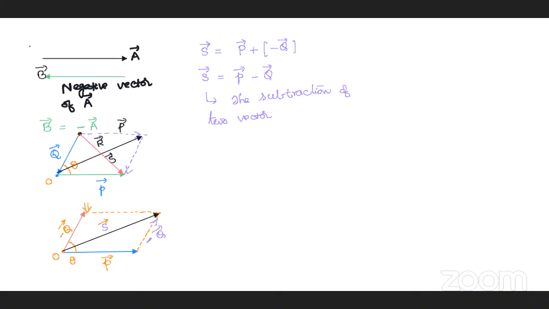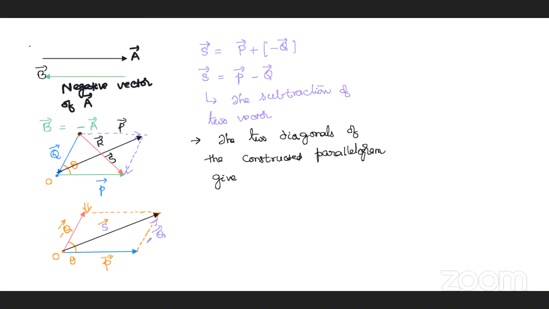That's why we say the two diagonals of the constructed parallelogram give, one the addition of vectors and the other gives us the subtraction of vectors.